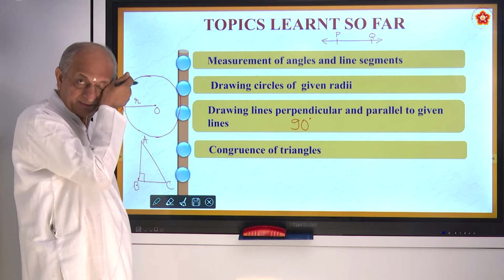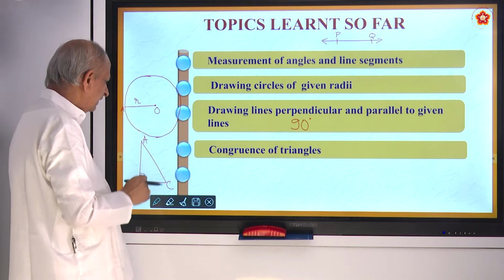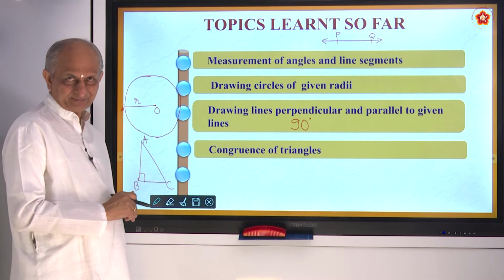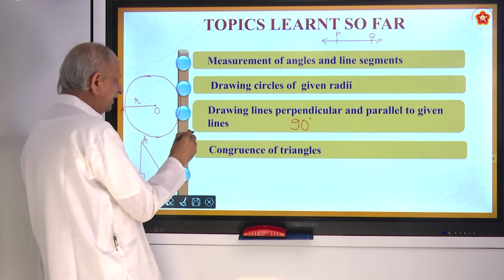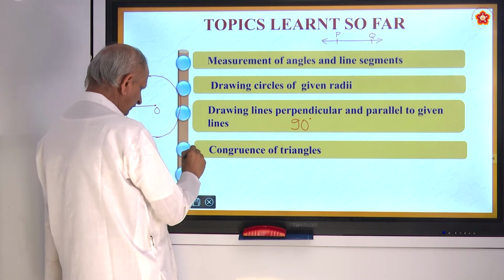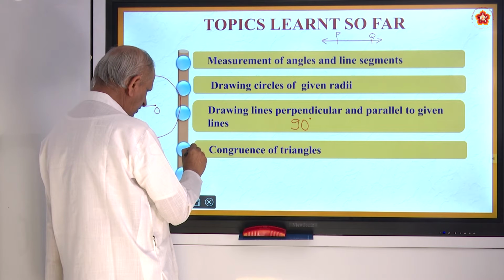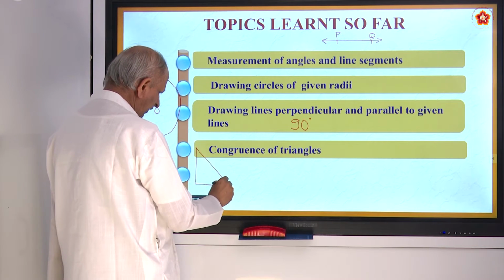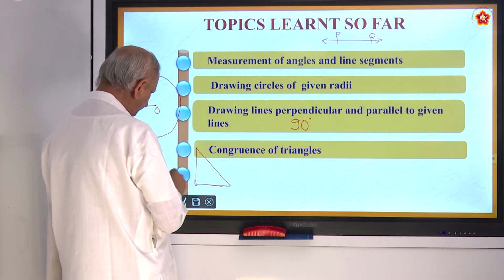And three angles. And you have studied about congruency of triangles. For example, if you have two triangles ABC and PQR, they are said to be congruent.